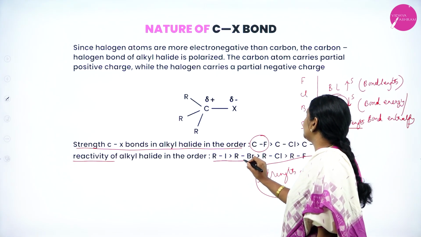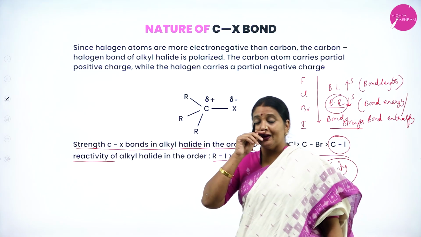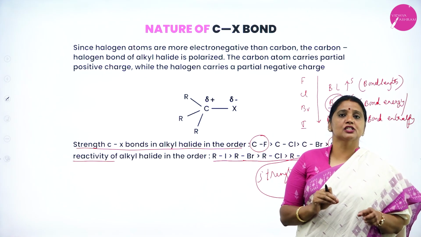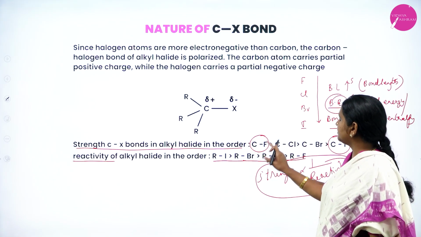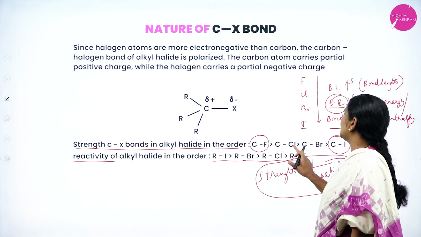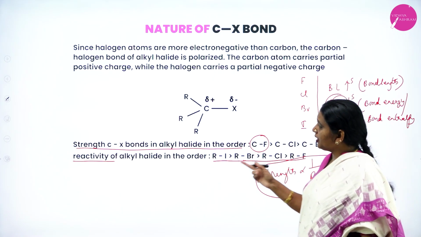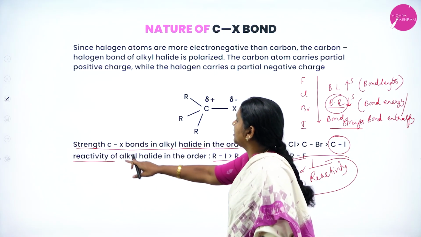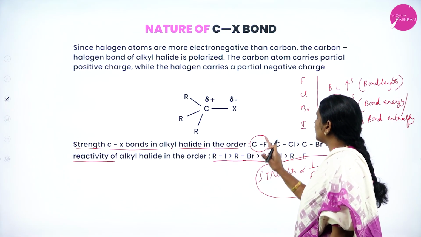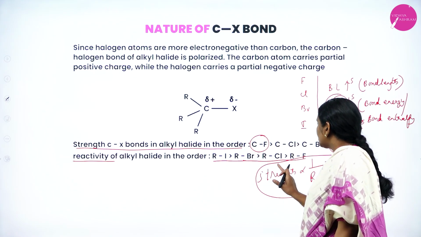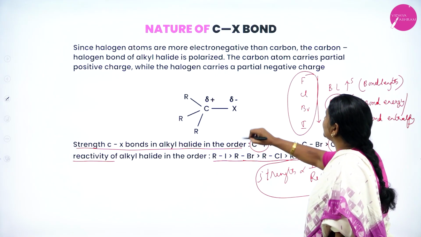Iodides are more reactive than bromides, than chlorides, than fluorides. So, you have to write reverse order for reactivity. Which is more reactive? Alkyl iodides are more reactive than bromide, than chloride, than fluoride. Remember, this is the key point for this concept.